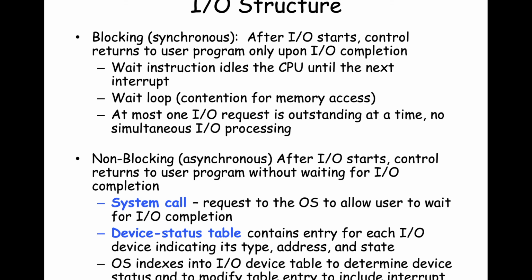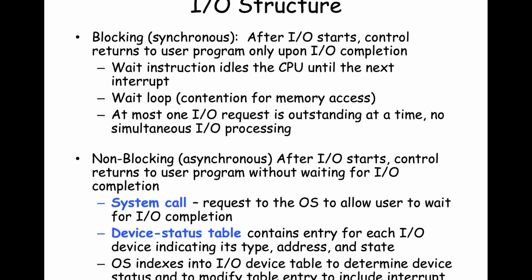This is done by a system call. This non-blocking or asynchronous I/O is done through a system call that requests the OS to allow the user to wait for completion. You typically have a device status table, and it checks the status table, constantly polling to see if this I/O device has completed its operation.